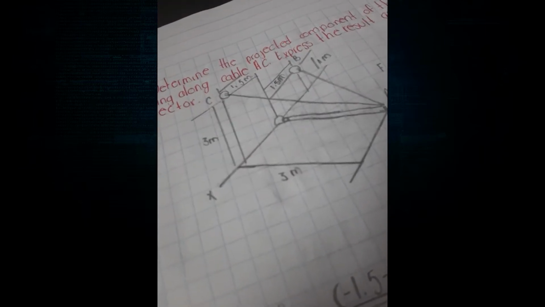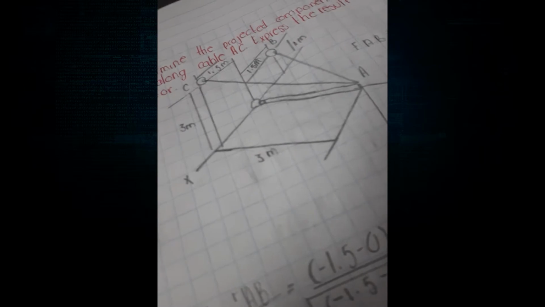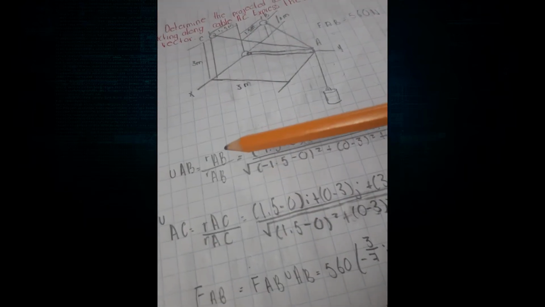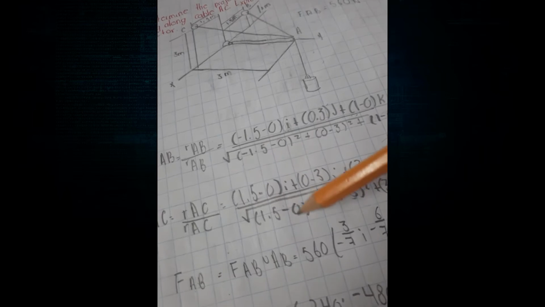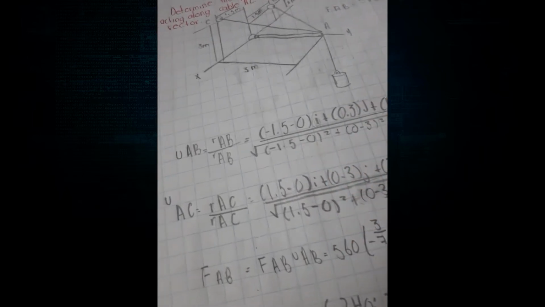The next part is to calculate the unit vectors AB and AC. But what is the unit vector? Remember, a unit vector, in this case AB and AC, is one that has a magnitude of 1.